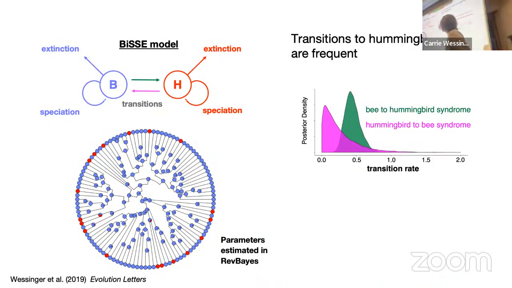Under the best model, the BiSSE model, which of course has these asymmetric shifts, it basically infers the ancestor of this pair is most likely bee adapted, and then maybe the shift to hummingbird pollination occurred on this branch. But it would be good to go into the genetic data and see what's going on at F3'5'H.